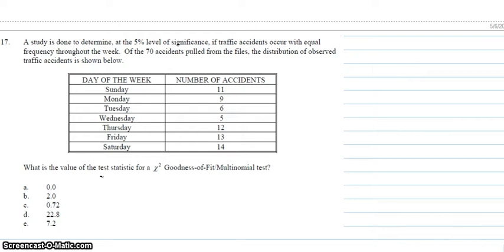So let me write that down here for us. Expected equals sum of observed divided by the number of categories.